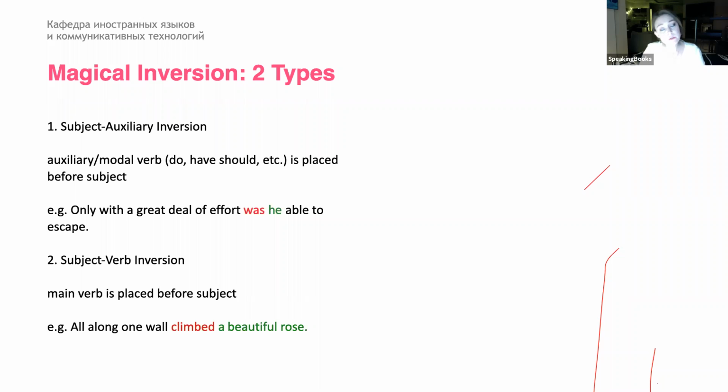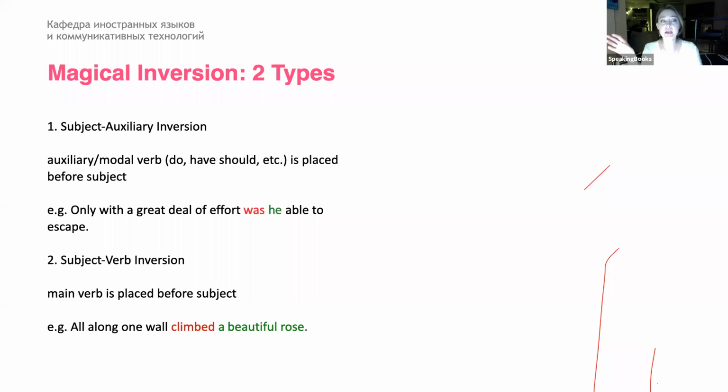It would be correct to say he was able to escape only with a great deal of effort. However, when we put the phrase only with a great deal of effort to the front of the sentence, we have to invert the structure. Only with a great deal of effort was he able to escape. Sounds dramatic, doesn't it? This is the first type of inversion.